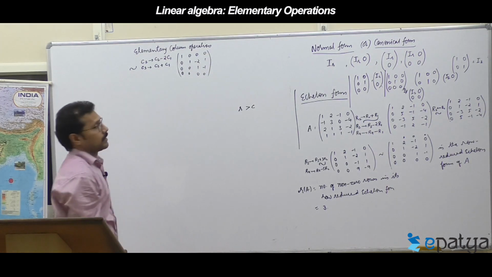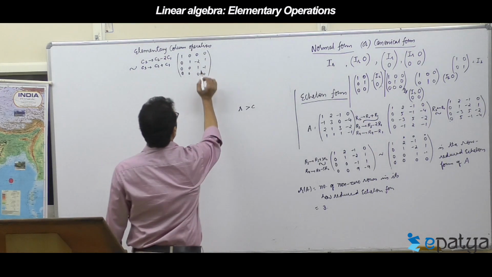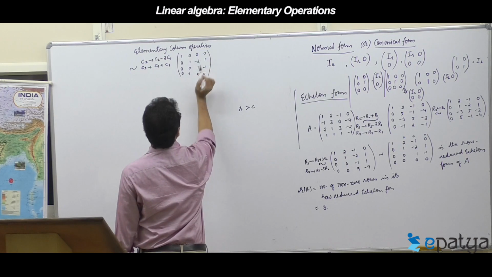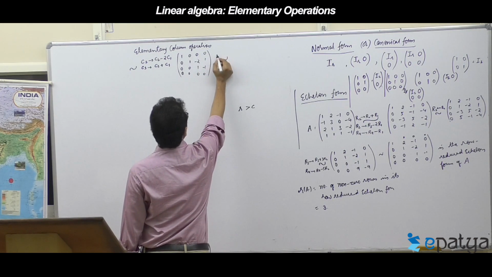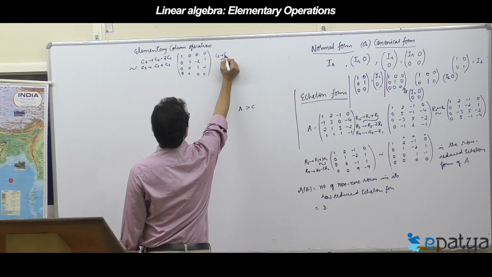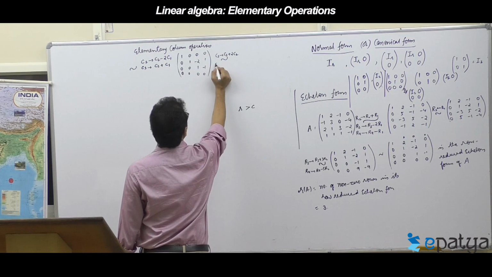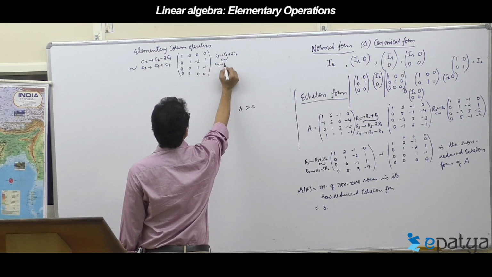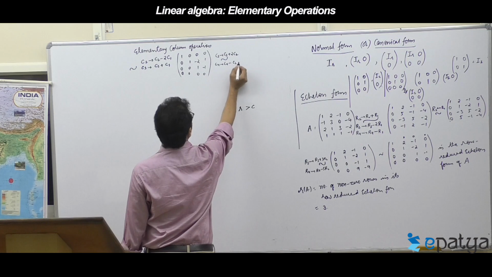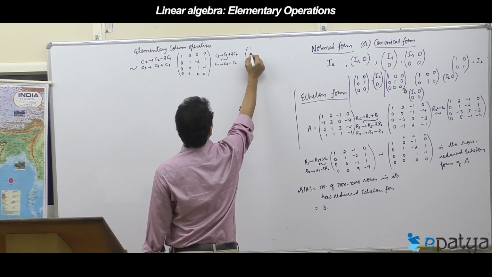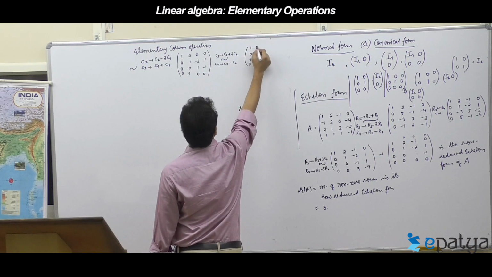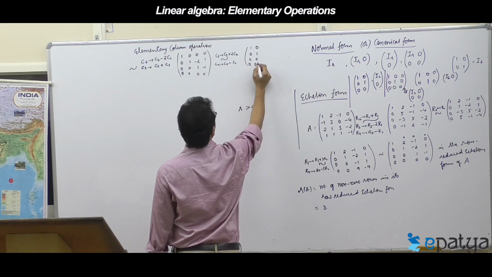Okay. Next stage, I will convert these two into zeros. C3 is C3 plus 2 times C2. C4 is C4 minus C2. 1, 0, 0, 0. 0, 1, 0, 0.